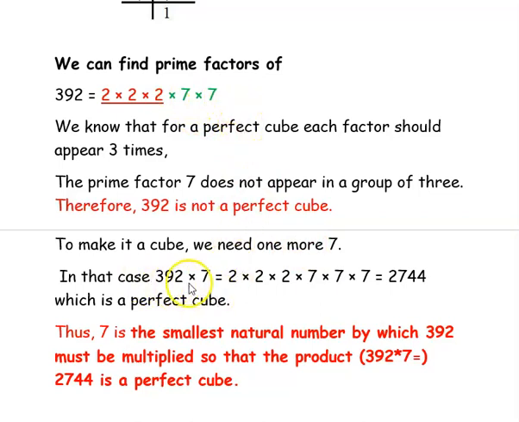So 392 into 7 is 2 into 2 into 2, 7 into 7 into 7, which is 2744. Now it is a perfect cube. Thus 7 is the smallest natural number by which 392 must be multiplied so that the product, that is 392 into 7, which is 2744, is a perfect cube number.